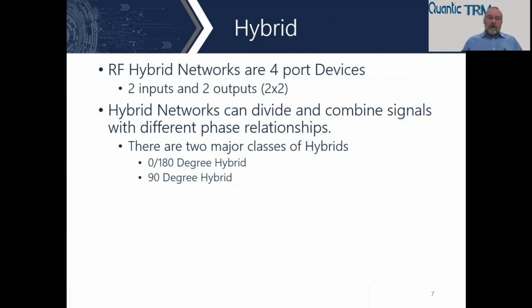By definition, RF hybrids have 2 inputs and 2 outputs, or they're 2x2 networks. Hybrid networks can divide or combine signals, either forward or reverse. And there are 2 major classes of these hybrids. There's the 0-180 hybrid, which is a direct descendant of the phone network, or the 90-degree hybrid, which is related but a little bit different.